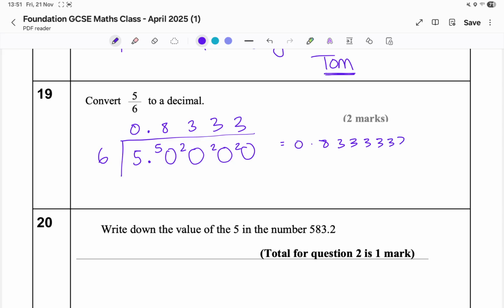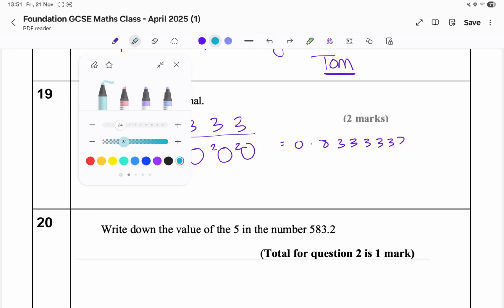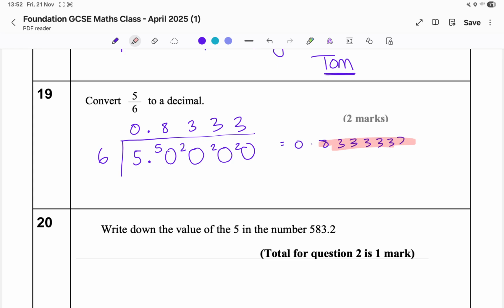And we can see this bit is the recurring part. So whenever you get a recurring part, the number that's recurring, you always put a dot on top. So that basically shows that it's recurring.